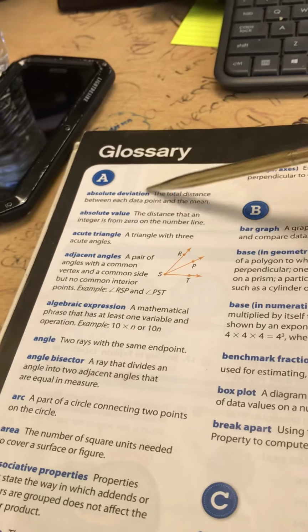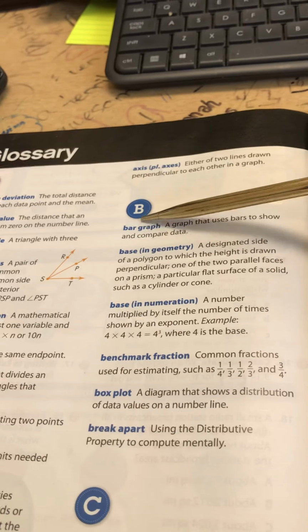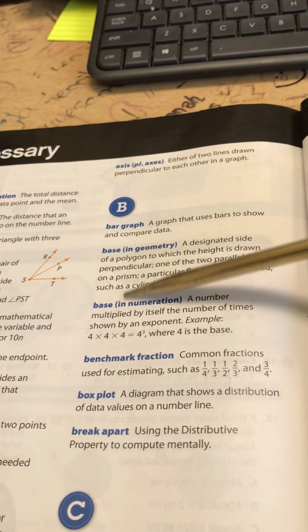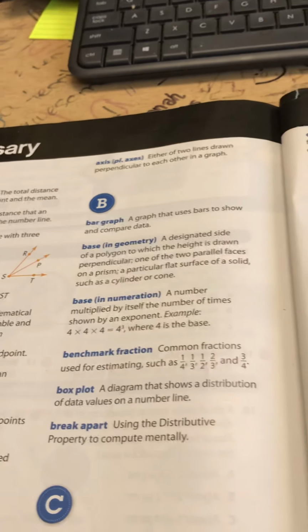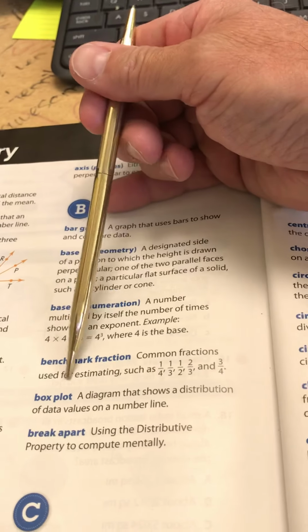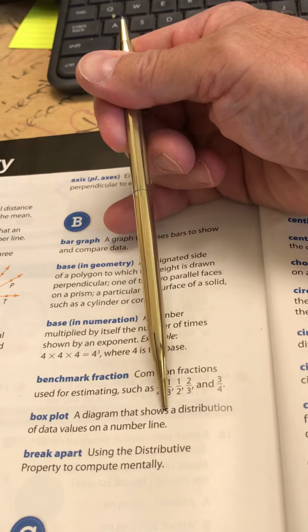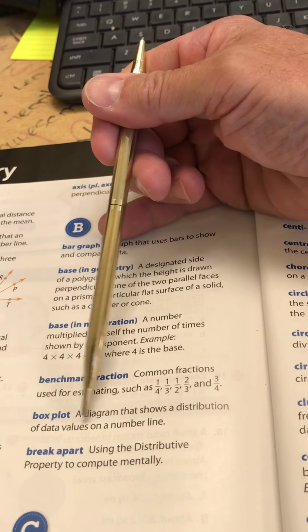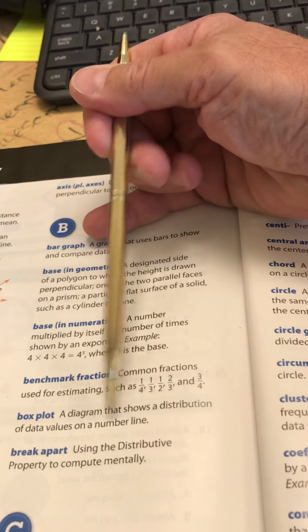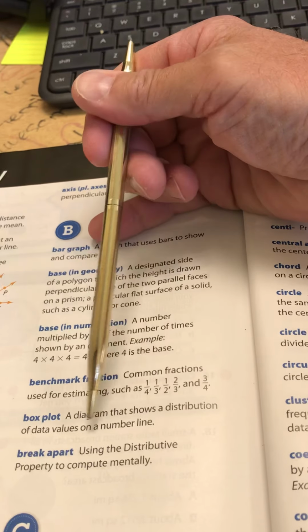Well, the glossary is set up alphabetically, so you have the A's and here's the B's. We have bar graph, base, benchmark, box plot. Look at that. A box plot: a diagram that shows a distribution of data values on a number line. Well, diagram, distribution, number line. Those are the keys we're looking for.